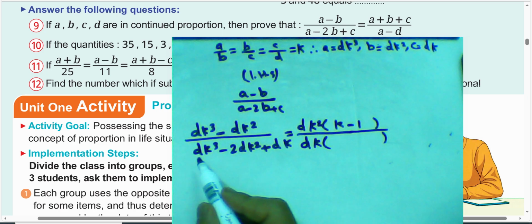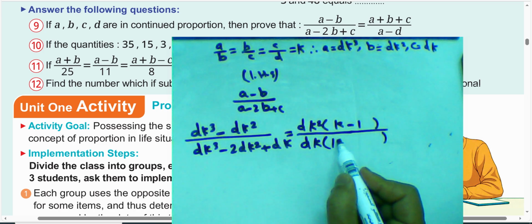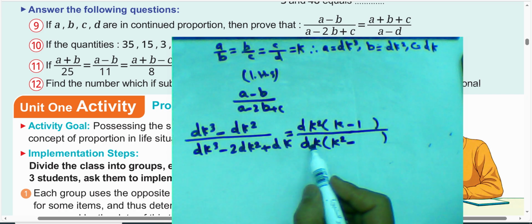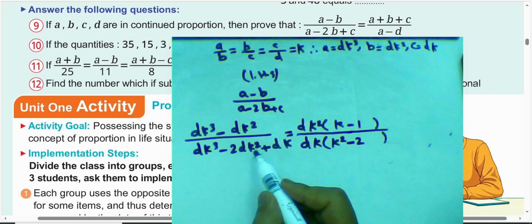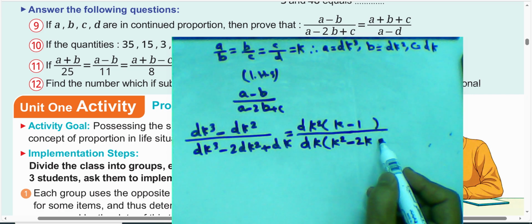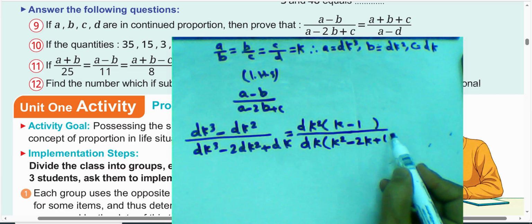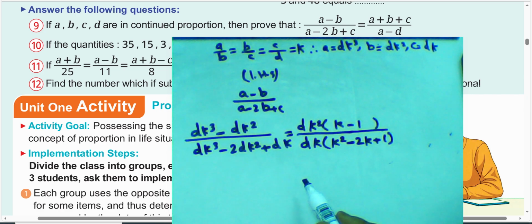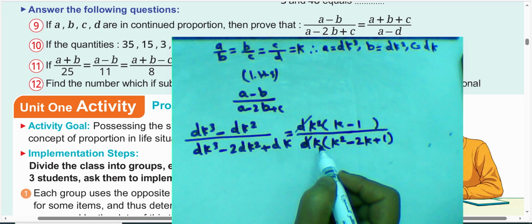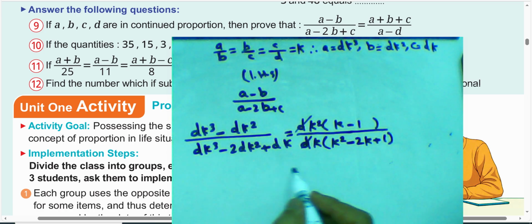Then dk power 3 divided dk, it will be k power 2. 2dk power 2 divided dk, write 2k. dk power 2 divided dk equal k. And write positive dk divided dk equal 1. You can simplify k power 2 divided k, it will be k.